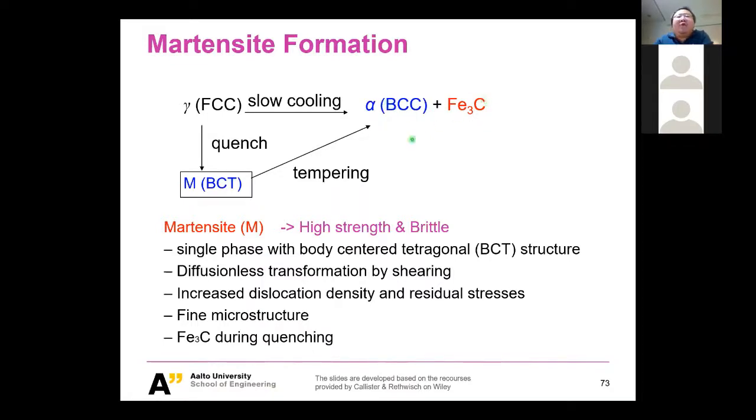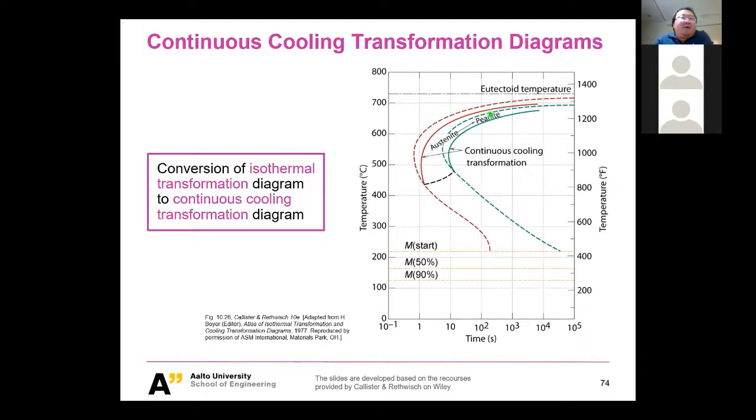That's why you will get a good strength property of the Martensite. You will also get the good property of the pearlite where you have ductility. So you will get the balanced mechanical property after the tempering. All right, that's all about all the important phases I want to introduce to you.